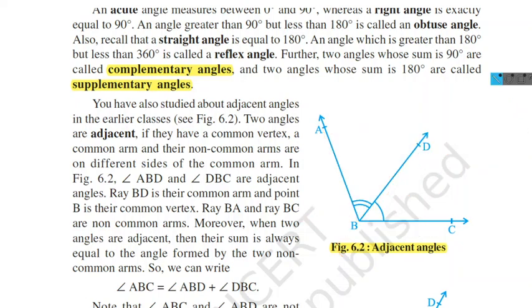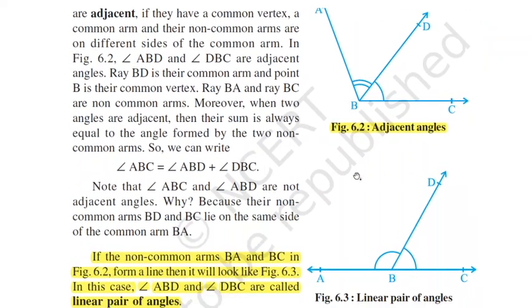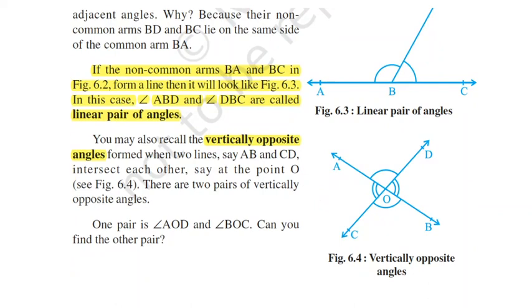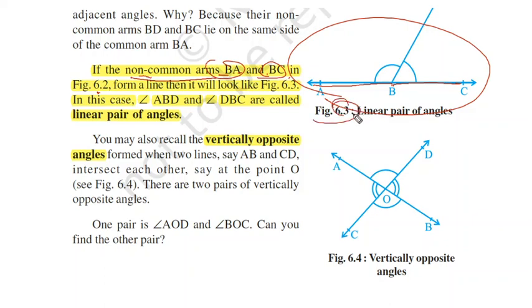Now, we will move to another concept. It's a linear pair angle. What is a linear pair angle? In this figure, the non-common arms are BC and BA. If the non-common arms BC and BA also form a line, then it is called linear pair angles.